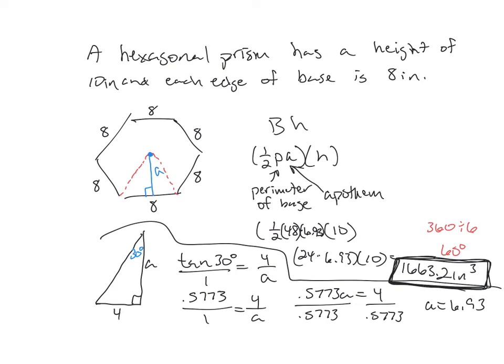Okay, so you're going to need to do the central angle, 360 divided by the number of sides, and then the angle in the triangle that you work with, like this one, will be half. Okay, if you remember the special right triangle thing on this one, the A is the short side to that side is 4 square root of 3.